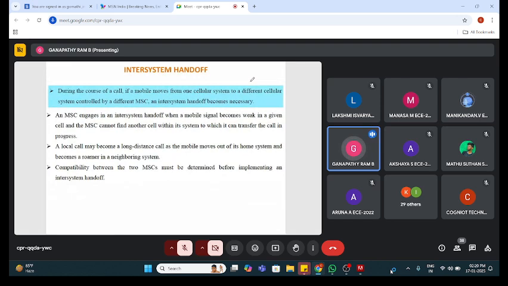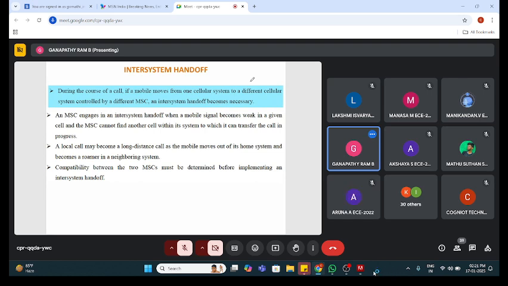There is another type of handoff, intersystem handoff. This occurs if a mobile equipment is moving from one cellular system to a different cellular system or a different mobile switching center.